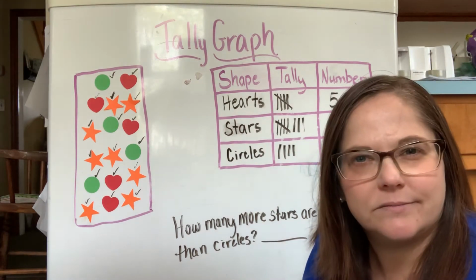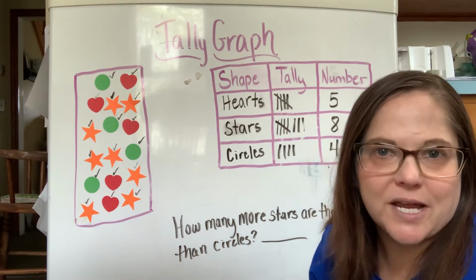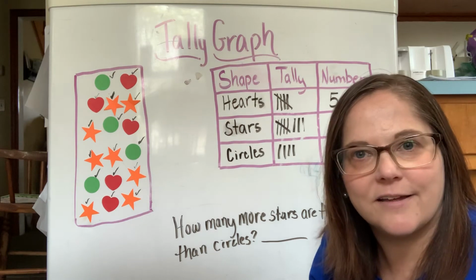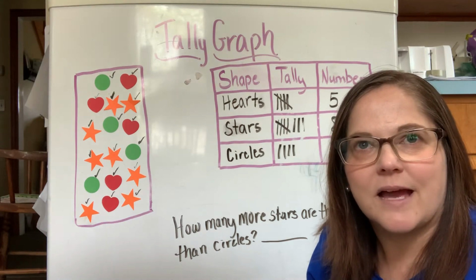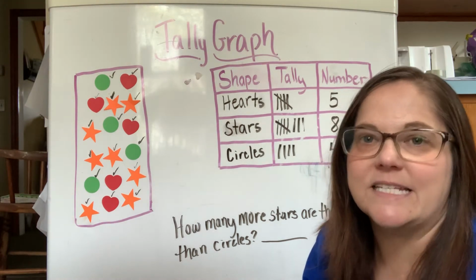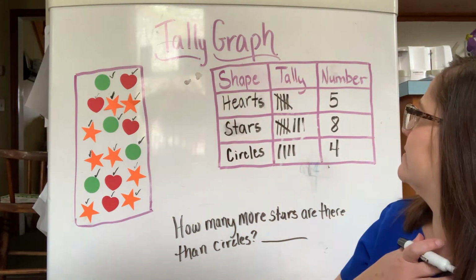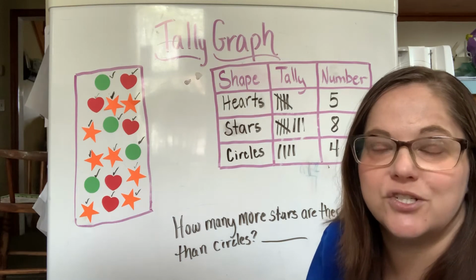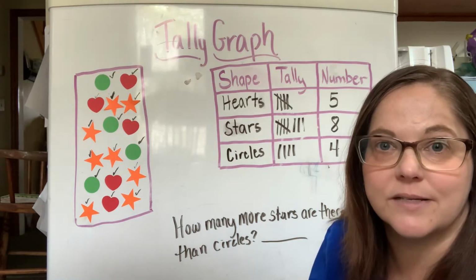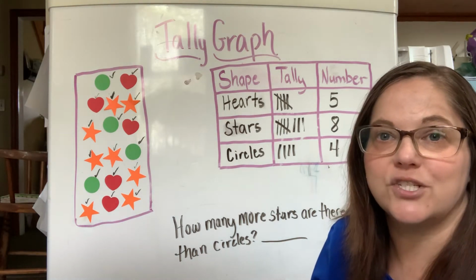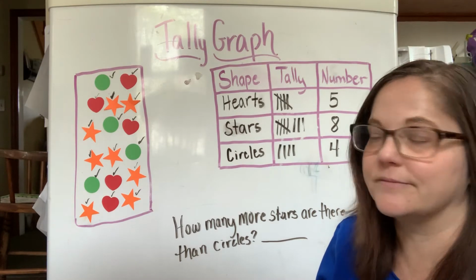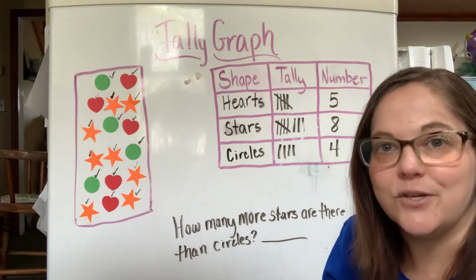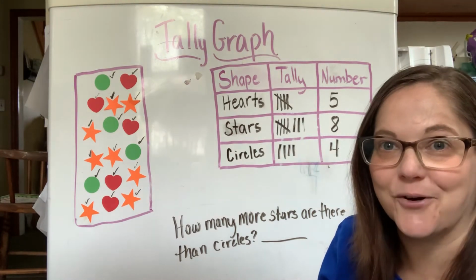What about the shape that had a medium amount? That was hearts, my mistake. The shape that has the fewest. Which shape had the fewest? If you said circle, you're right.